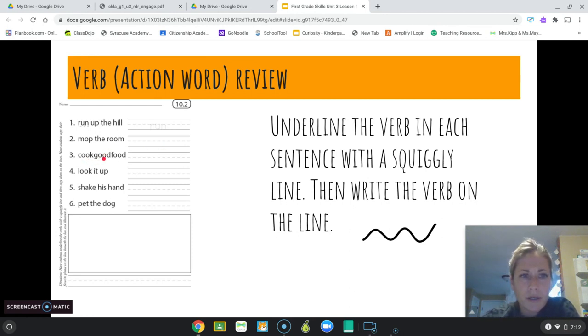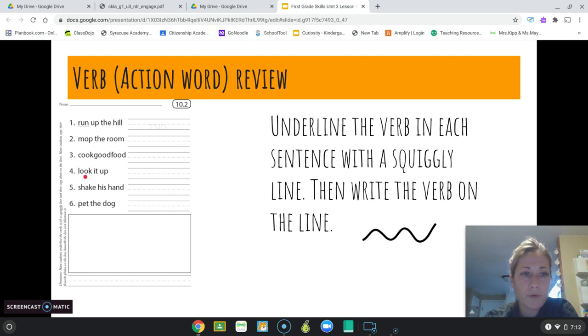Cook good food. Which one is the verb? Cook is a verb because that's an action word. So we would put a squiggly line under cook and write the word cook on the line right here.